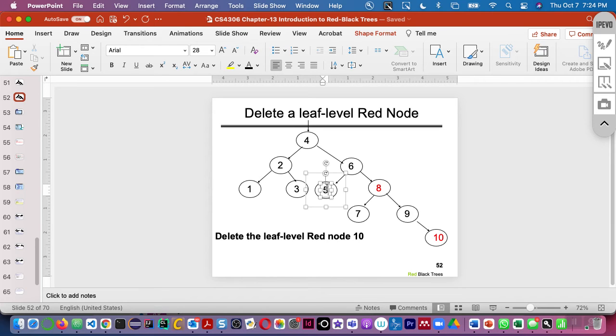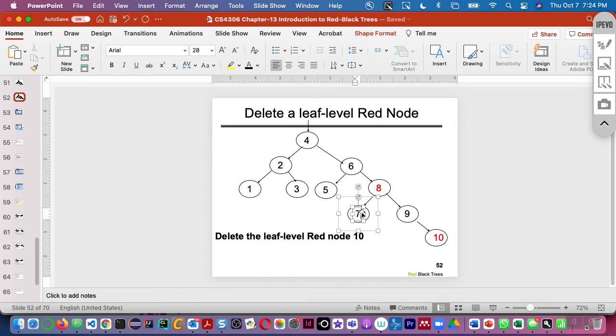If you want to delete 5, then in that case this side has no branch, so it is fine. If you want to delete 7, a leaf level, it is fine because it will not maintain any more branch.